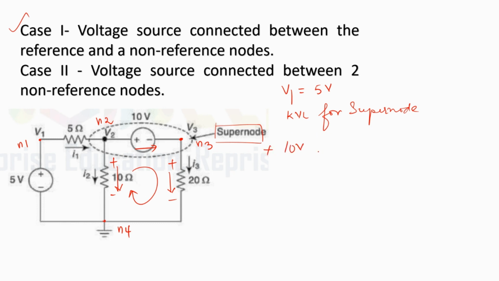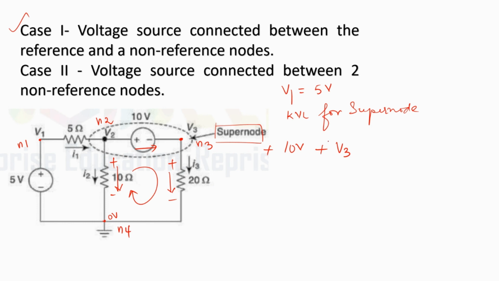volts plus 10 plus V3, because after all, the drop across this 20 ohms is nothing but V3 minus 0 volts. That is the voltage at the reference node being 0 volts. V3 minus 0 is the drop across this 20 ohms resistor. So therefore, I can say V3 is this drop. So it is plus V3.